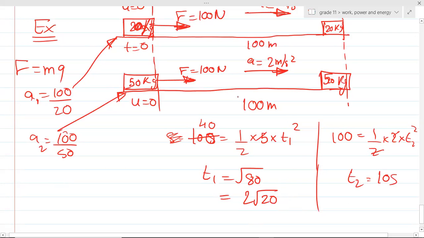So basically what calculation I was doing, if both the objects were starting at the same time, then this 50 kg will reach at 10 seconds and this object will reach at 2 root 20 seconds, which is approximately how much? Under root of 20 is 4.47, so 8.94.